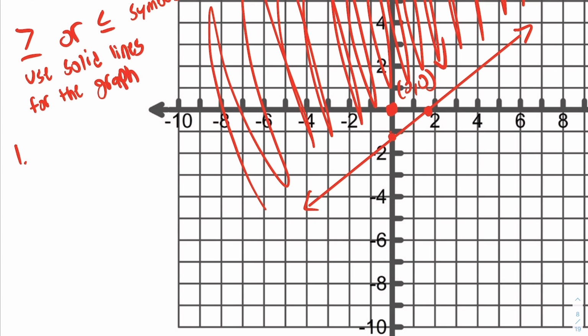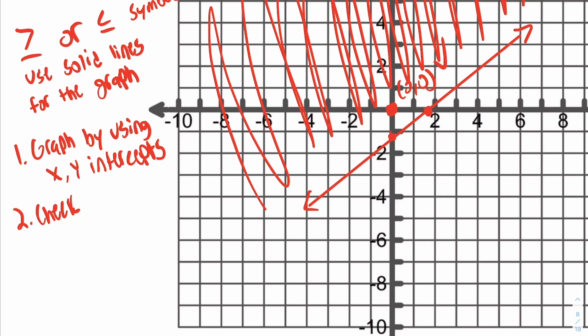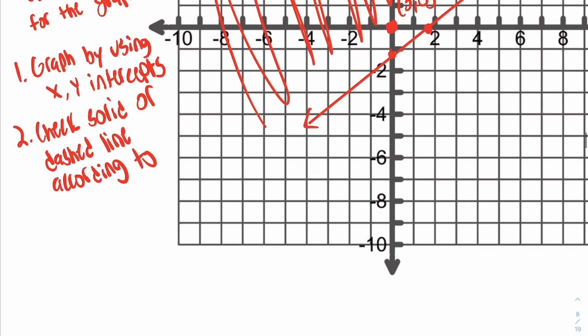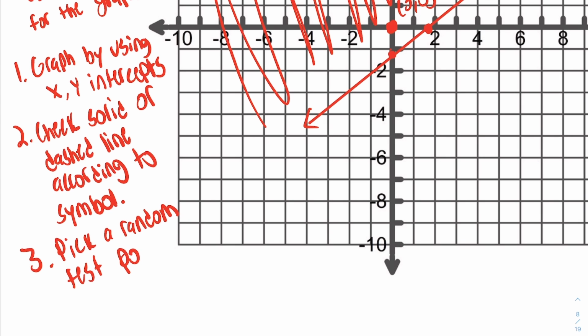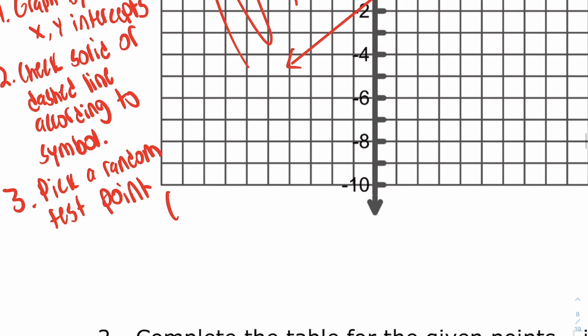So the steps for all of this again are: graph like normal, check for solid or dashed line, and then pick a random test point. But 0, 0 is the easiest.